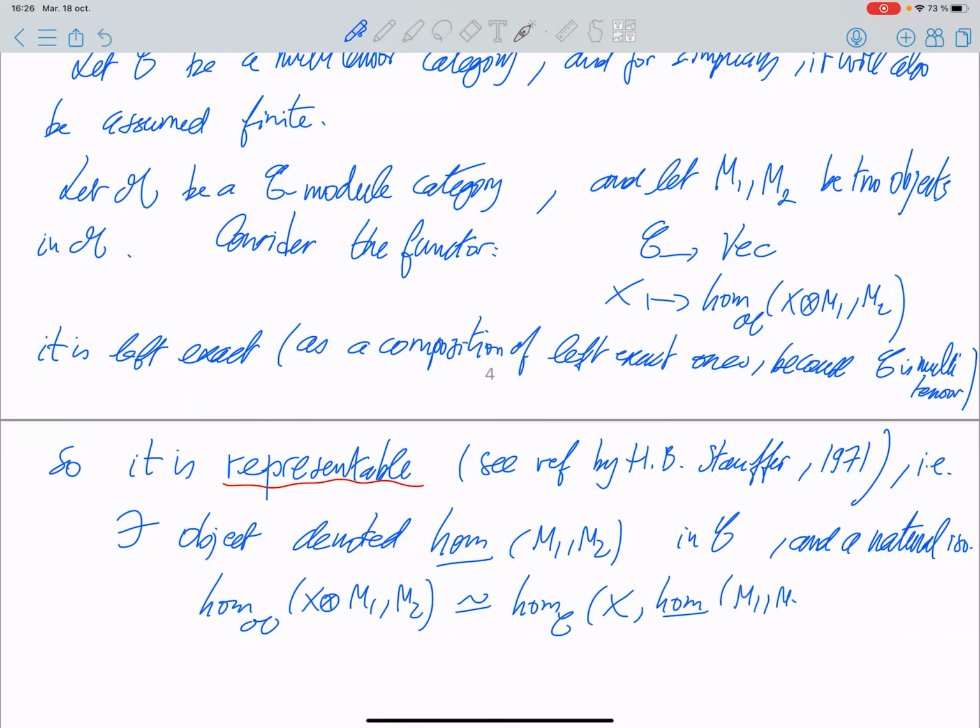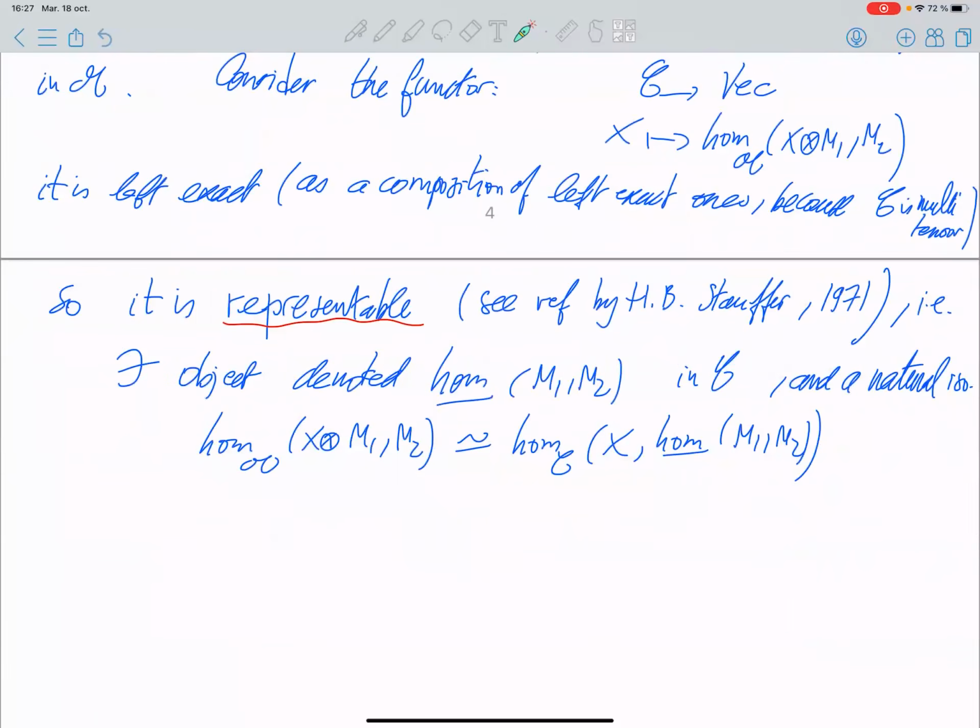We don't need to care about the notation. This is just a notation, so there is no underlying structure. This is the notation for the object coming from the representability of this functor using this reference. And it is in C because C is finite. Otherwise, it should be an inductive limit.